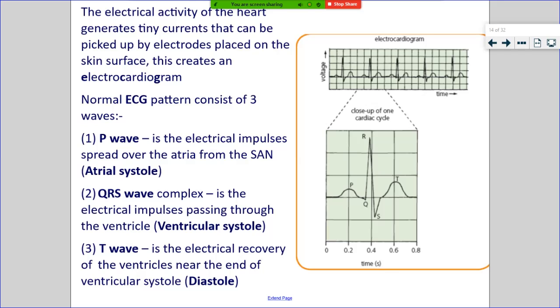So that part of the wave, in effect, represents atrial systole, or contraction of the atria. The QRS wave is ventricular systole. As these electrical impulses pass through the ventricles, this can be picked up here. And then finally, we've got the T wave at the end, and that's basically when the heart recovers during diastole.